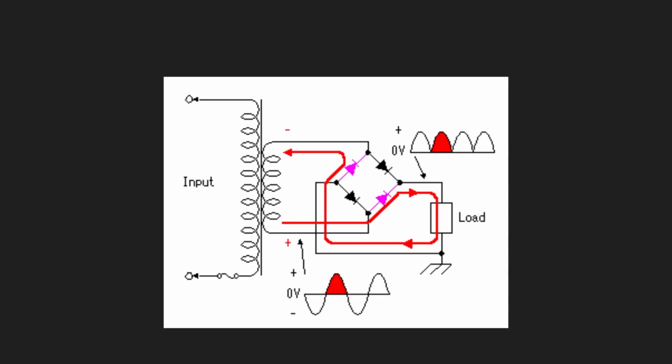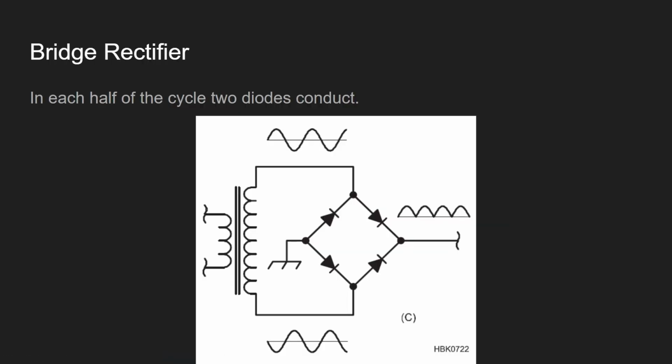So you see that it splits into 2 cycles. For the first cycle, this circuit becomes here, and the ground flows from here to the coil.